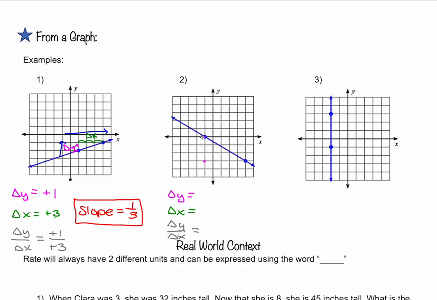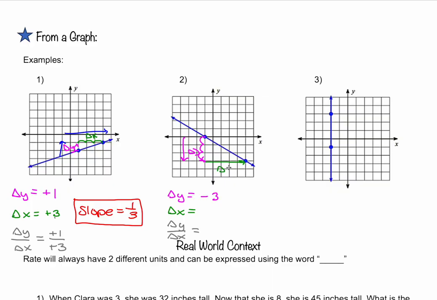So I would start from here and go 1, 2, 3 spaces down. That's our change in y. And we did go down 3 spaces, so that is minus 3. Then our change in x will be going to the right. So this is change in x, 1, 2, 3, 4, 5.